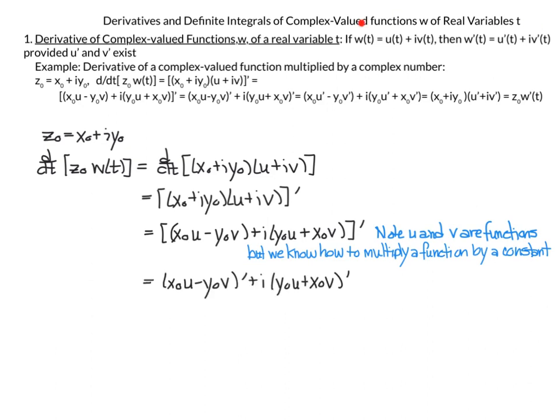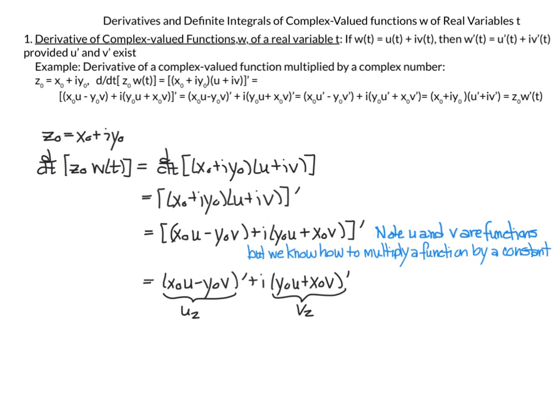And now I can use my statement here that I can take the derivative of my real part and take the derivative of my imaginary part. So here, this is sort of like my new u, I shouldn't say prime because that looks like derivative, right? This is like my u2, and this is my v2.